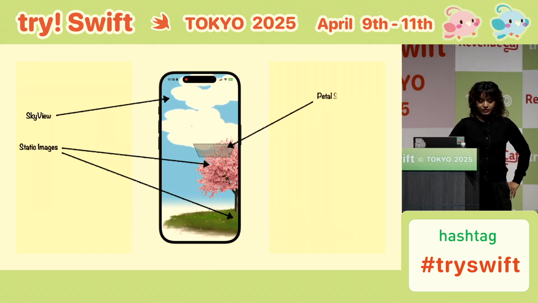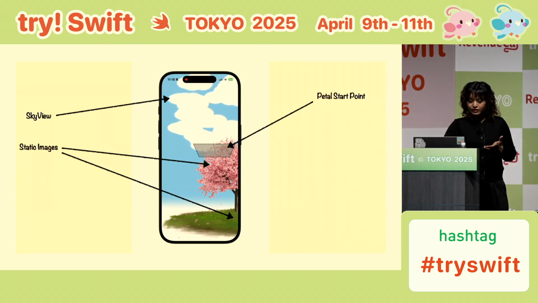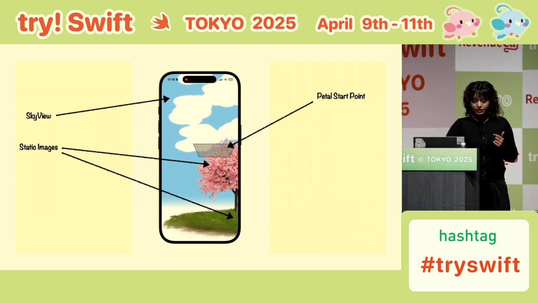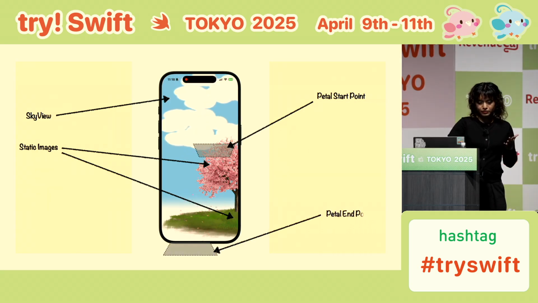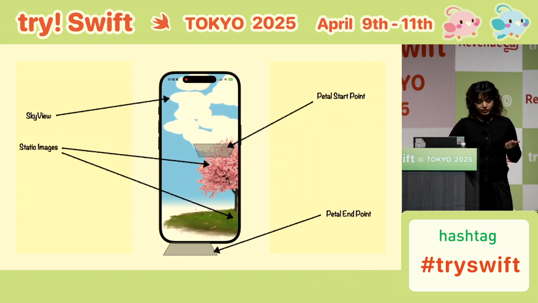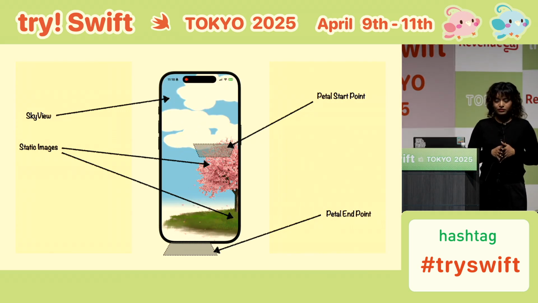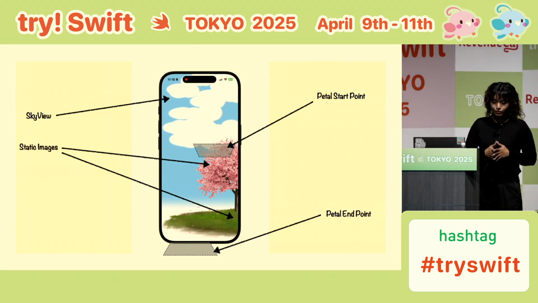The most interesting bit here are the falling petals from the cherry blossom tree. They start somewhere behind the tree, and they end up somewhere at the bottom left of the screen. Both the starting point and ending point are randomized, so it looks more natural. The animation is also randomized, so it also looks natural.